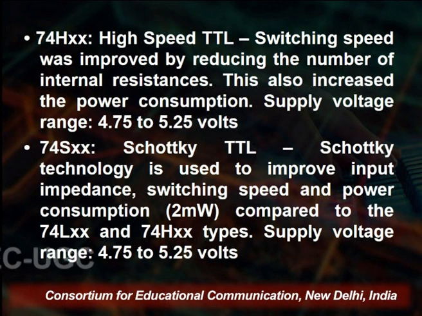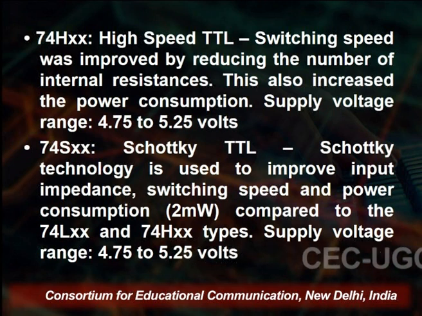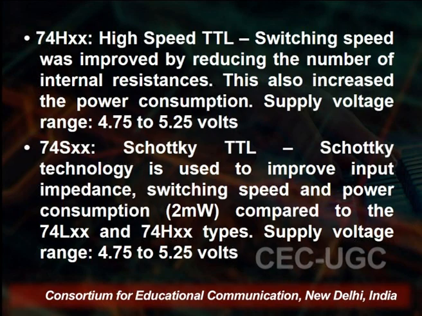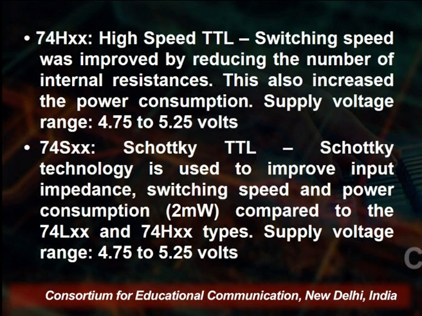Another is the 74HXX, high speed TTL. Switching speed was improved by reducing the internal resistances, and this also increases the power consumption, with a supply voltage from 4.75 to 5.25 volts. Then the 74SXX, which is the Schottky TTL. Schottky technology is used to improve the input impedance and switching speed, with power consumption of 2 milliwatts compared to the 74LXX and moreover the 74HXX type.